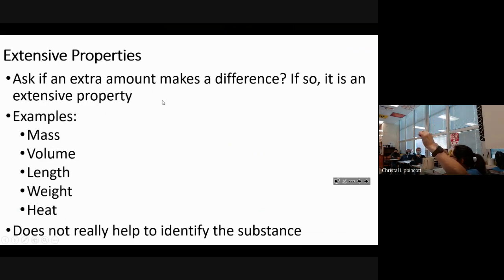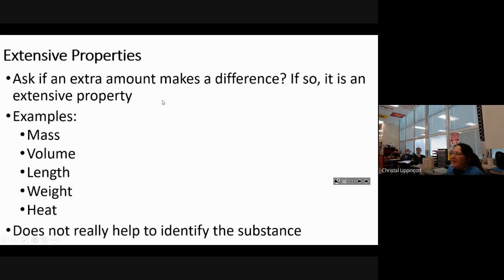An extra amount made a difference in that measurement. If I weighed these 3 popsicle sticks and then added all of these popsicle sticks to it, would that make a difference in the mass, in the weight? Those are extensive properties. Get the idea?